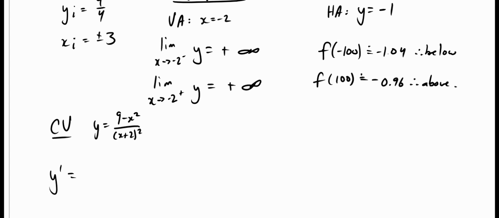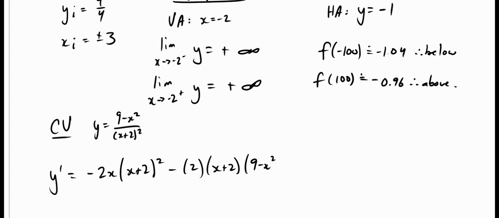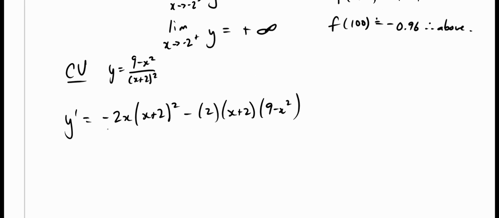So the derivative of the top, which is -2x, times the bottom, minus the derivative of the bottom times the top, over the bottom squared.